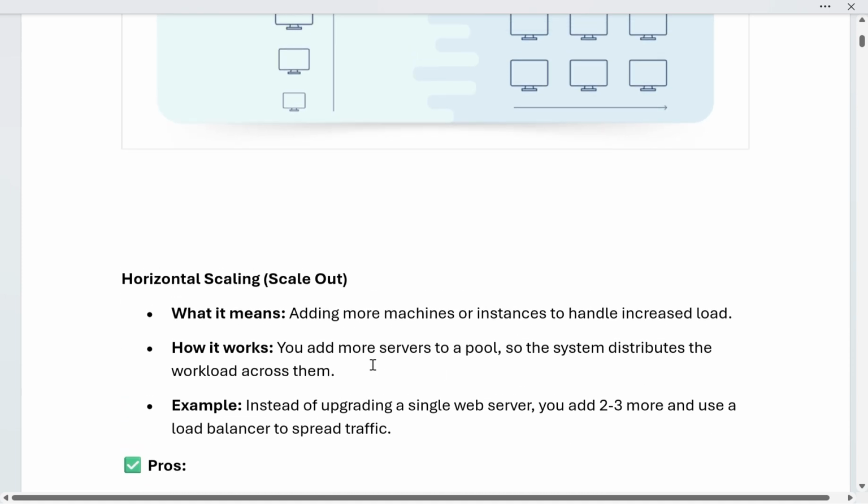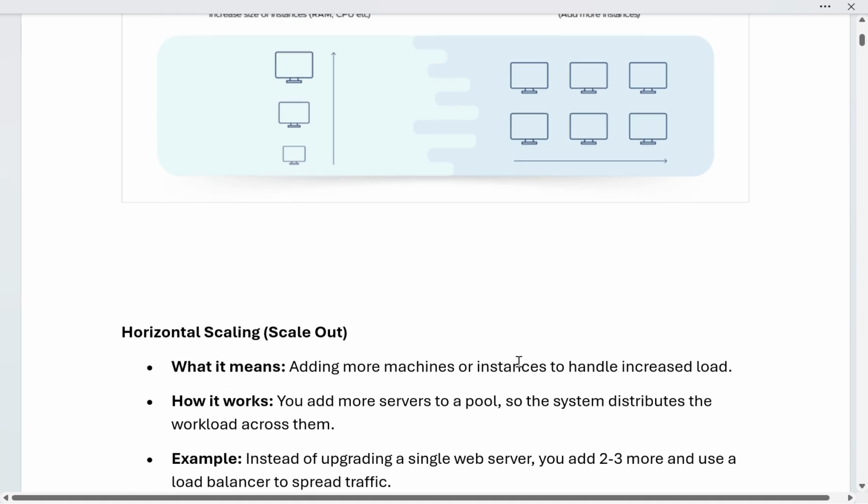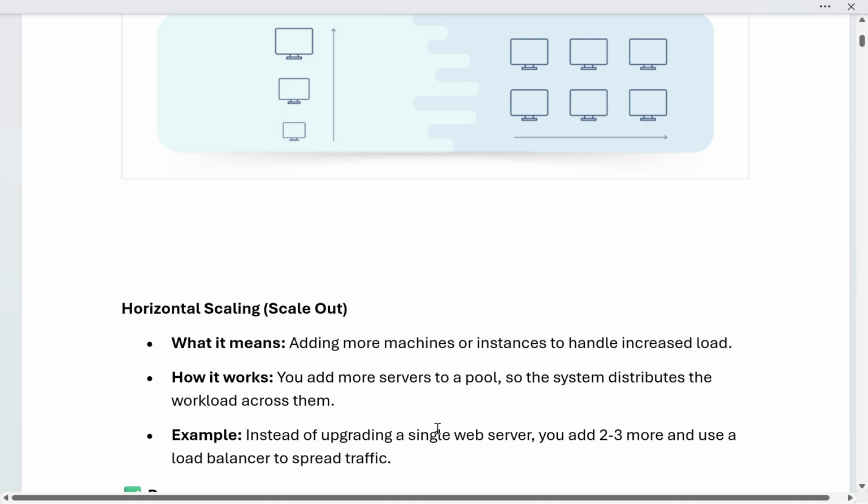In horizontal scaling, instead of upgrading a single server, you add two to three more machines and use a load balancer to spread the traffic. So you have to add the load balancer here to distribute the load across all the machines.